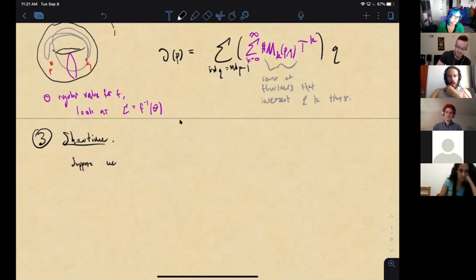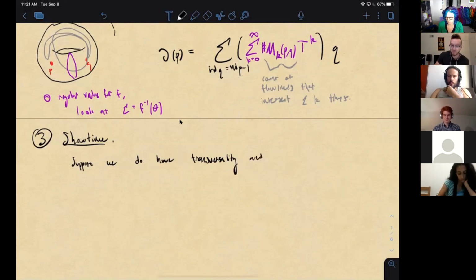Let me say this. Suppose that we do have transversality, and we want to glue broken flow lines, for the purpose of showing that, for example, D squared is 0.